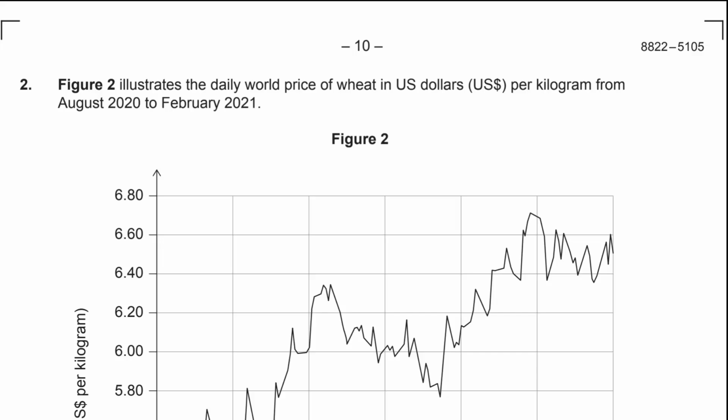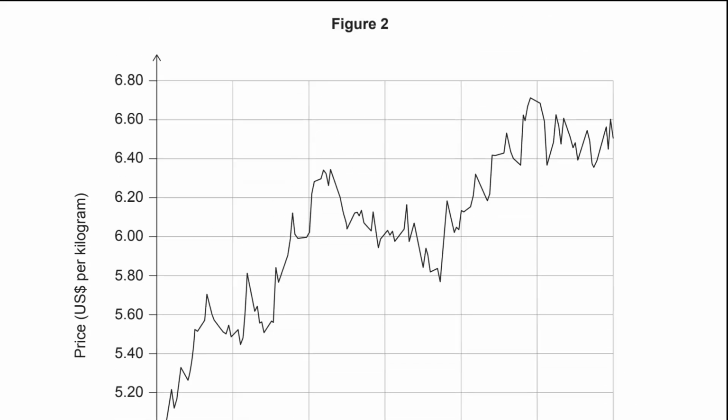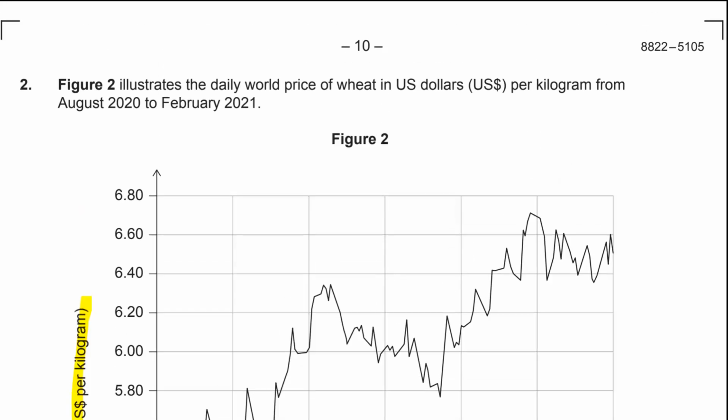In this question, we're told that figure 2 illustrates the daily world price of wheat in US dollars per kilo from August 2002 to February 2021. The picture shows us the price in US dollars per kilogram of wheat.